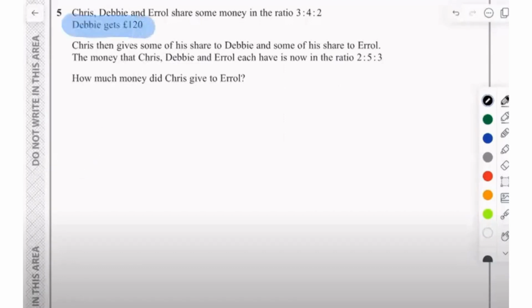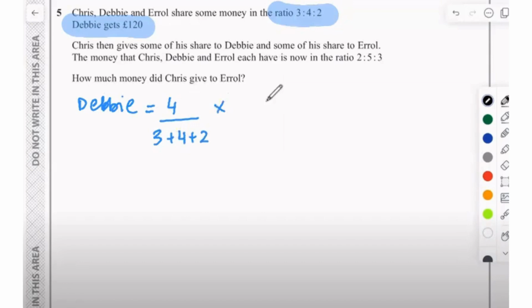Debbie is 120 pounds. This is our ratio. So let's begin with this ratio first. For Debbie, that's going to be 4, because that's her part in the ratio, over the total of the ratio, that's 3 plus 4 plus 2, times the total amount. So Debbie's amount was 120.